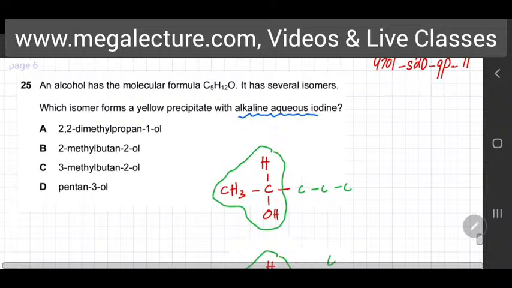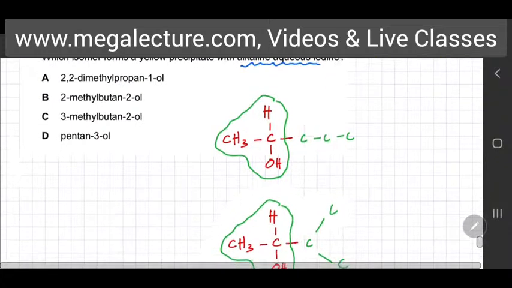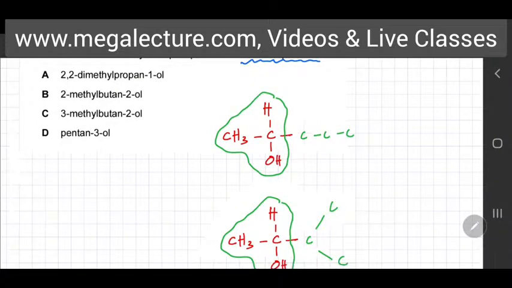So he's saying which isomer forms a yellow precipitate with alkaline aqueous iodine. So it's one of the 2. You could have tried each one separately, but we just drew all the ones, and I'm going to try and name them.